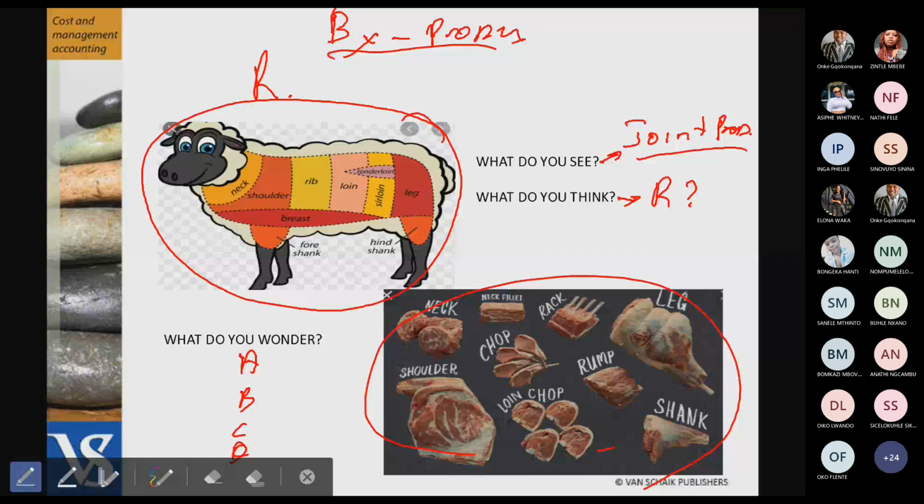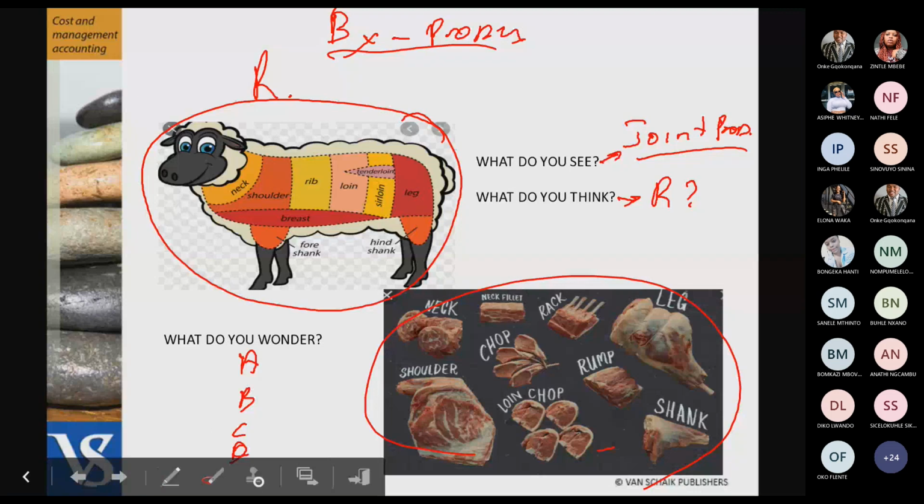Are we going to throw them away because we say that we didn't need them? No, we'll come up with a price and say, no, we're not going to throw these things away. We are going to sell them at a price. So we just call it a byproduct instead of saying that it is an additional product that we have.